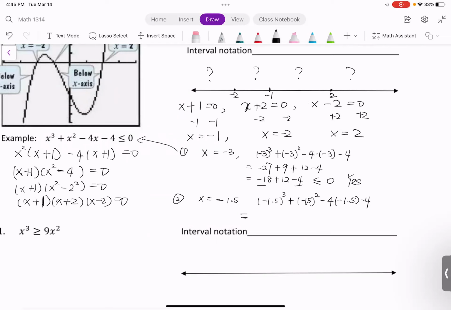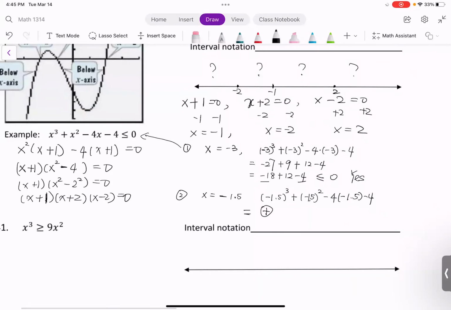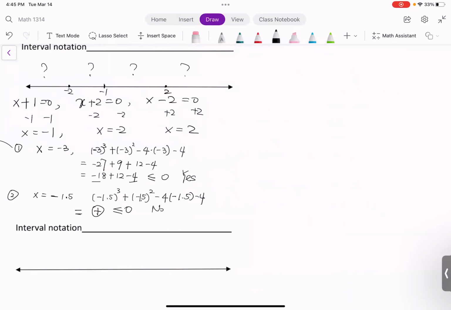We can use a calculator to help us. Okay, let me use my cheat sheet, see if it's positive or negative. Oh, it's positive. So positive less than or equal to 0? No, it's false.